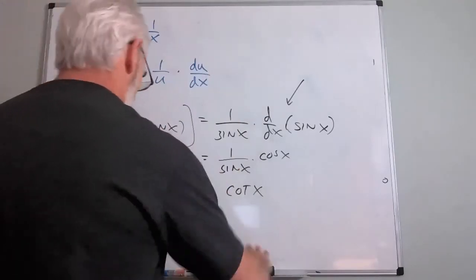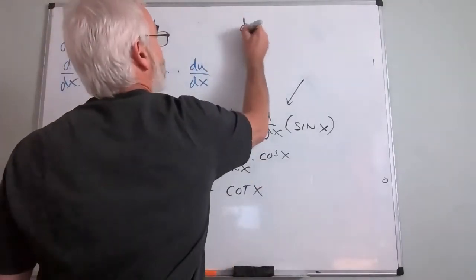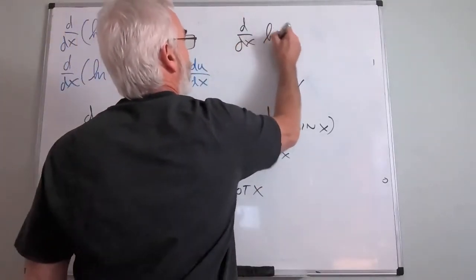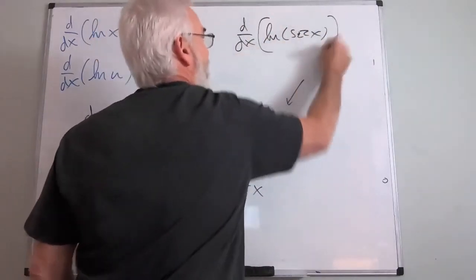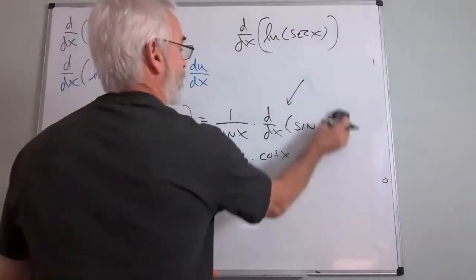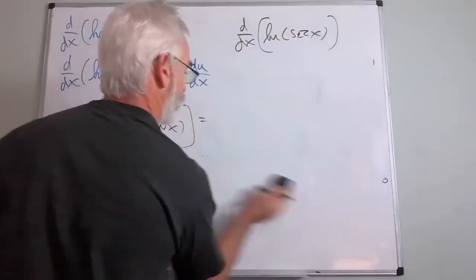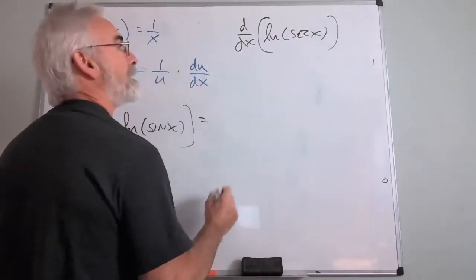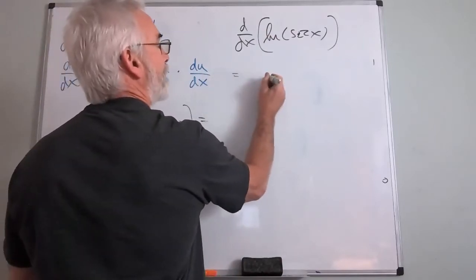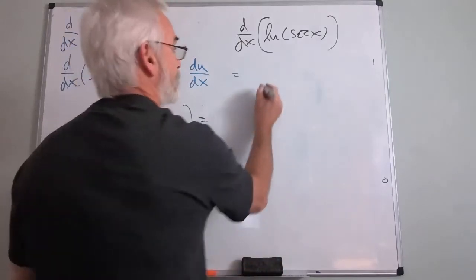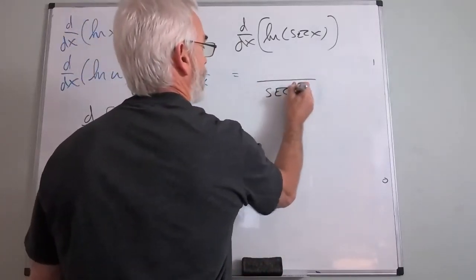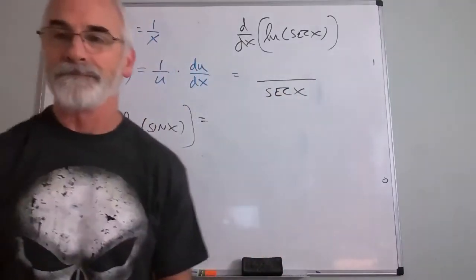All right. For example, I want you to differentiate the log of the secant function. This is going to turn out to be a hugely important result later on. Let's see, what would that be? Now I'm going to show you a little shortcut. You all agree that that's a good starting point?